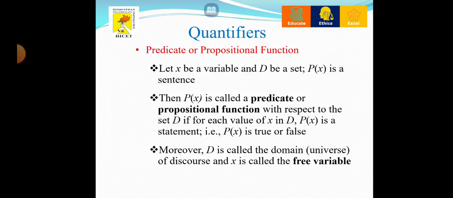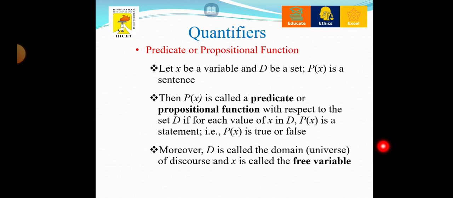Next, we discuss quantifiers. So what is a quantifier? A quantifier concerns the domain of the variables. Let x be a variable and D be a set. P of x is a sentence. Then P of x is called a predicate or propositional function with respect to the set D, if for each value of x in D, P of x is a statement, that is, P of x is true or false.